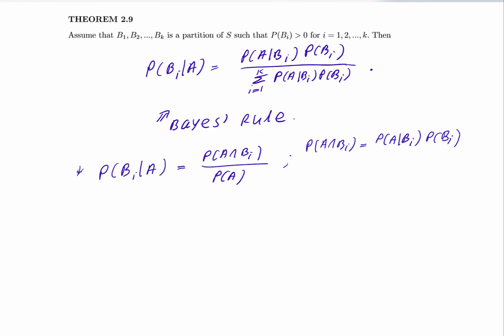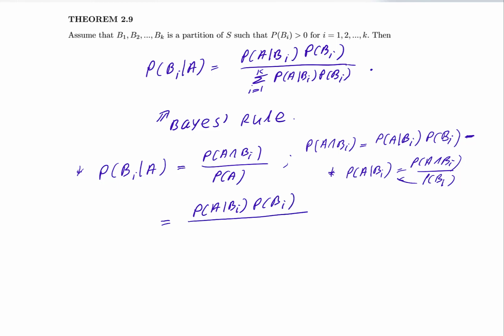P(A intersection Bi) equals this. Actually, you can use it anyway if you need: P(A given Bi) equals P(A intersection Bi) divided by P(Bi). So then use simple math, so you can write this one. Therefore, we can use this part for the probability instead of P(A intersection Bi). So I write P(A given Bi) times P(Bi), then divided by P(A).